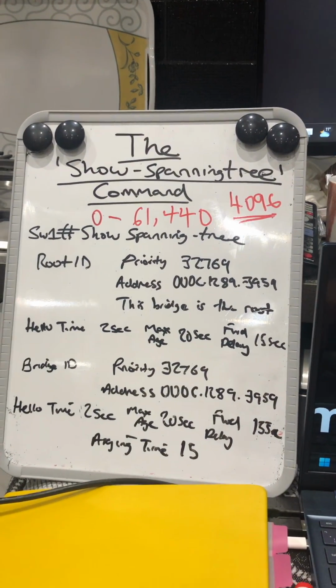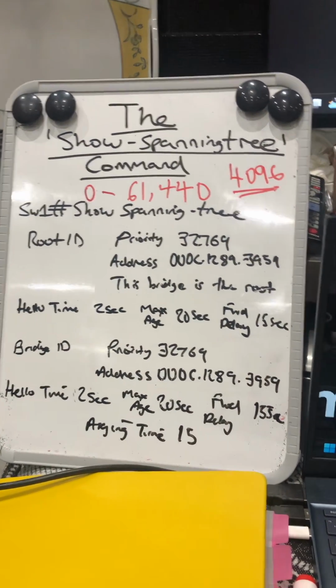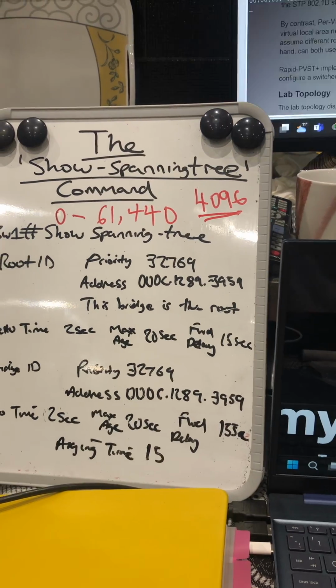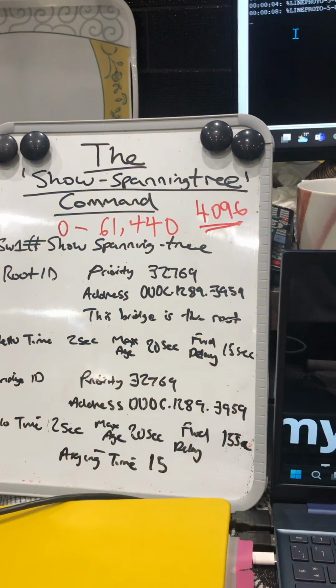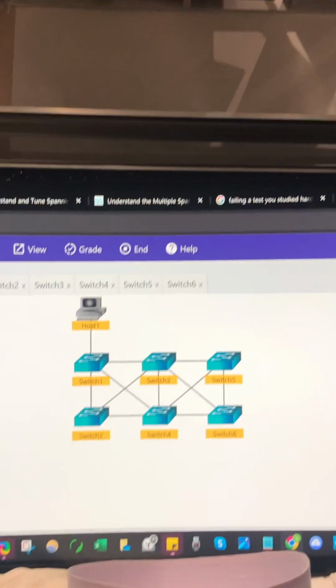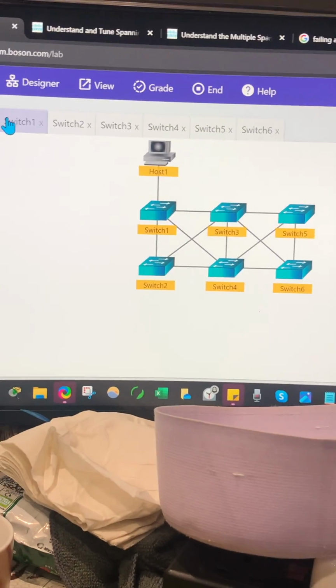If we wanted to have a real look at this, we can switch over to the lab now, and I can actually demonstrate this command in a real topology. So this is a topology I have got. Here I've got 6 switches connected to each other, and I've got a host.